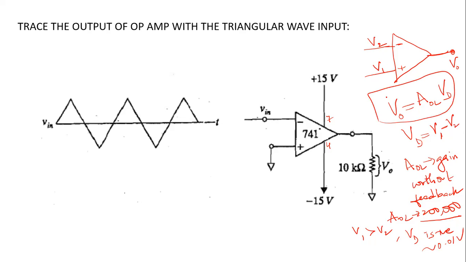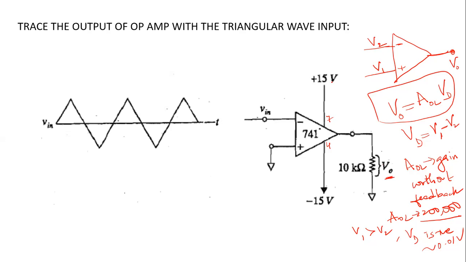But as a device, you cannot generate electrical power out of nothing. It has to follow the law of conservation of energy, right? The positive supply you're giving here is plus 15 volt, which means output voltage cannot go beyond plus 15 volt.